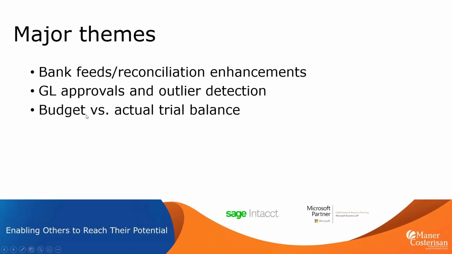So Intacct also did release on their dimension balances report the ability to report on budget versus actual in a trial balance format. To me, this is pretty cool because traditionally you had a bunch of options to validate that your actuals looked good with a trial balance, really, I guess, multiple flavors of trial balances.